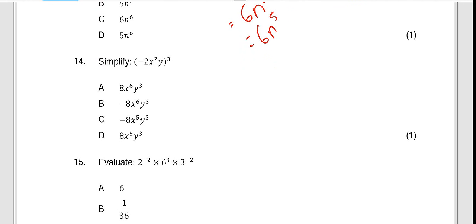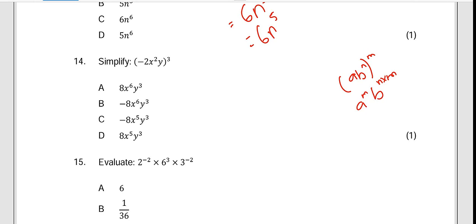And then number 14, simplify again. Guys, the laws of exponents say that a to the exponent of m, and then to the exponent of n, the exponents must multiply each other like this. I'm going to apply the same laws of exponents tackling this one.